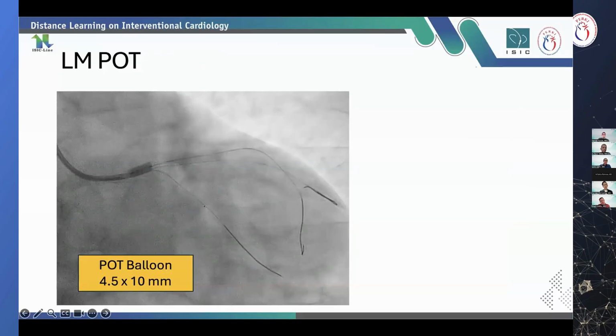And we did a POT along the left main with a 4.5 by 10 millimeter POT balloon, which has two short shoulders at the proximal and distal edges, protecting the anatomy of the carina at the bifurcation.